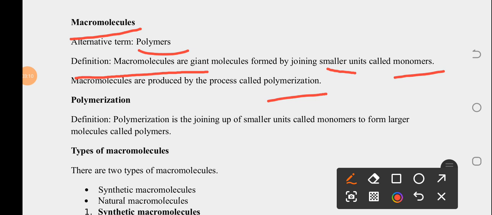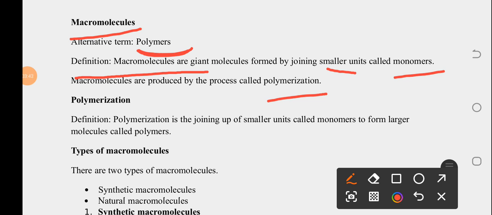Whenever you are asked to define polymerization, it's just a process of joining smaller units called monomers to form a larger molecule, which is called a polymer. That process is a process of forming a polymer.